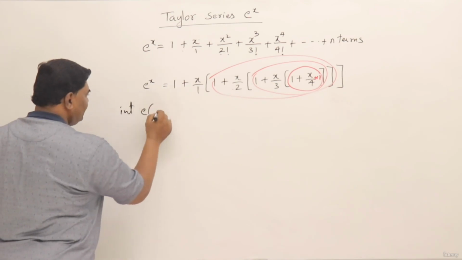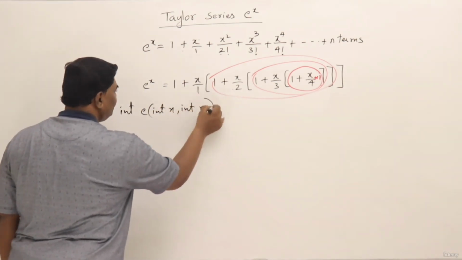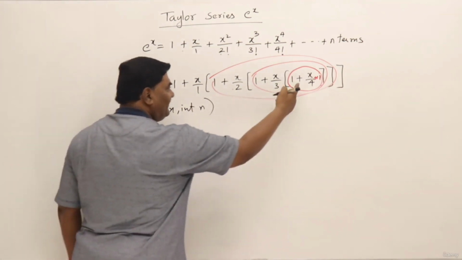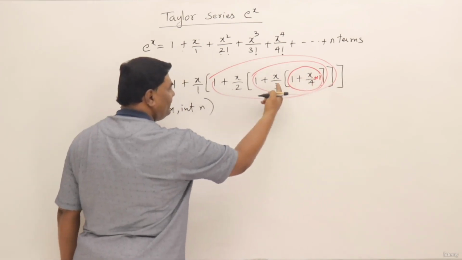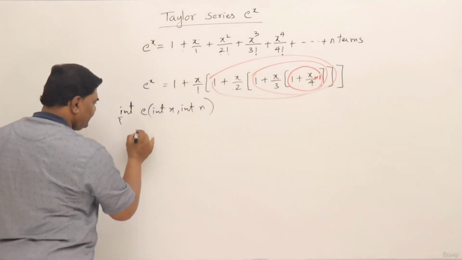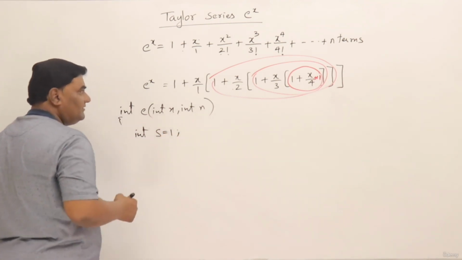So let us write a function for the loop: integer e, integer x and integer n. Now in this I have to start from this term, right? So I will take some variable for holding the result. Let us take one variable, integer s, that is initially 1.